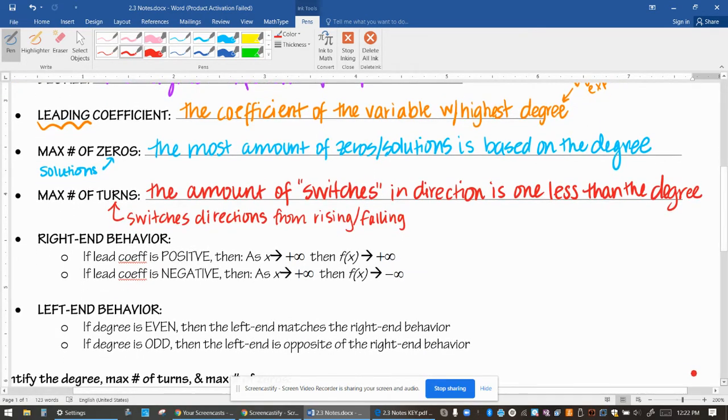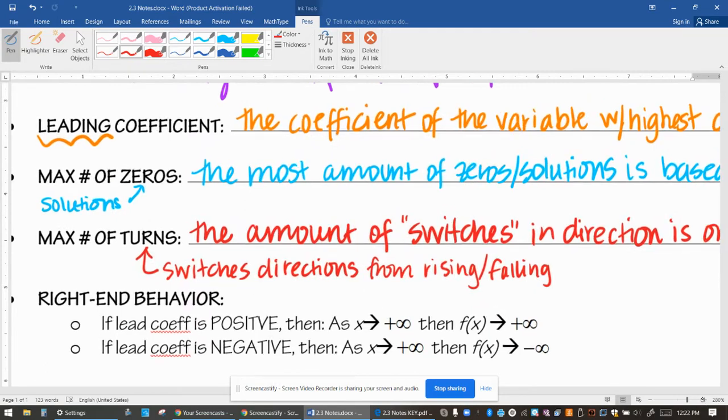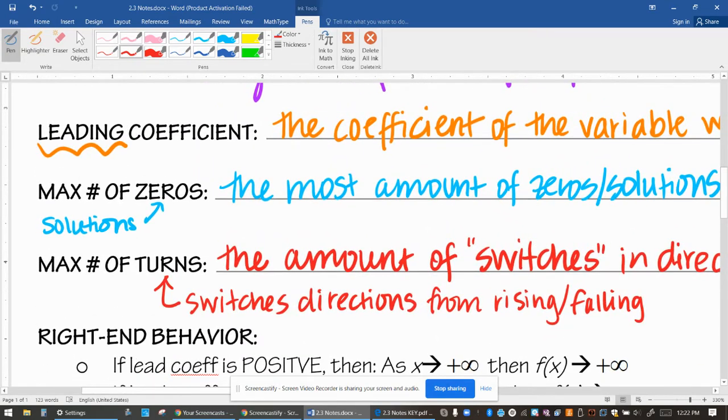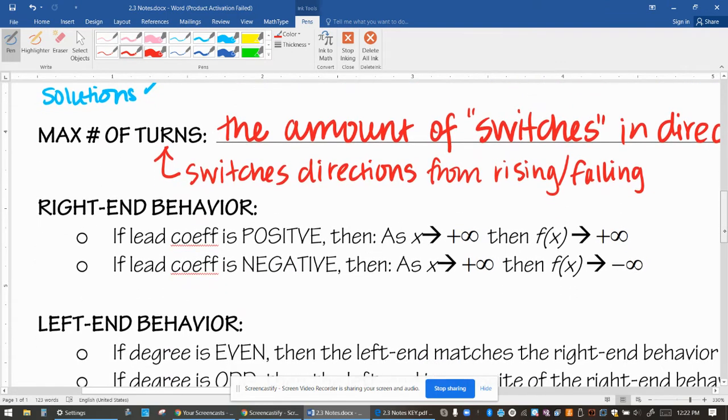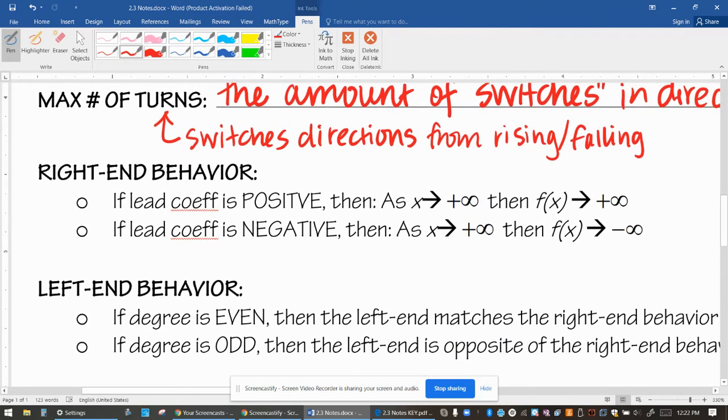Right end behavior. Okay, when you're asked to describe what's happening on the right side of your function, it is telling you to read the graph from left to right. So it always is going to start like this. As x approaches positive infinity. What does that mean?